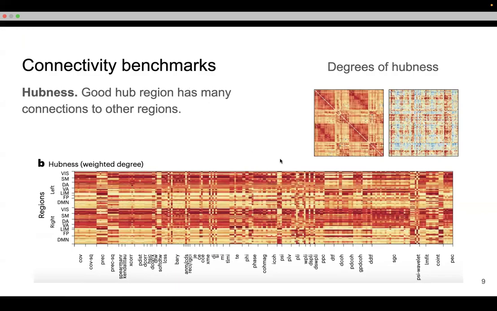Next, they compared the hubness in different frequencies. Hubness is basically a measure of how much your regions are connected to other regions. It just calculates the average strength of connections from each node. And they compared it again.